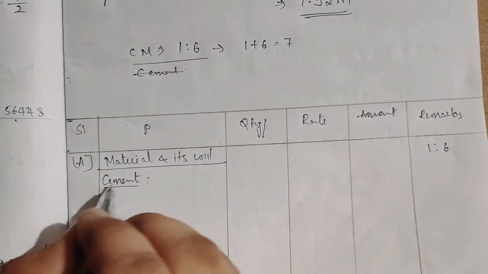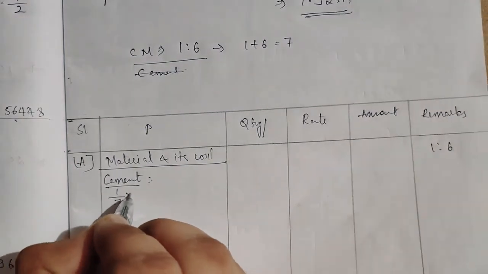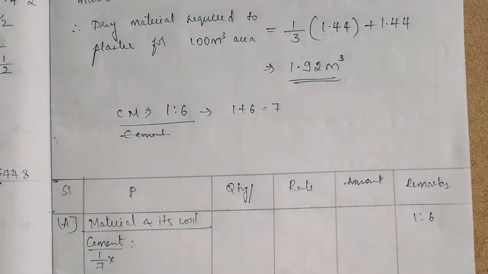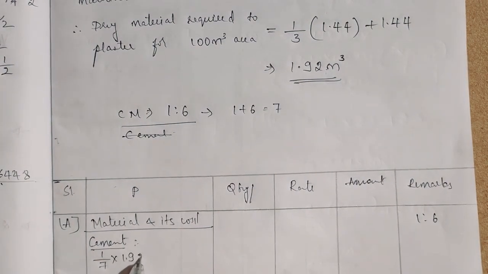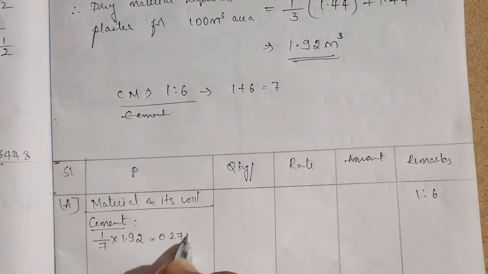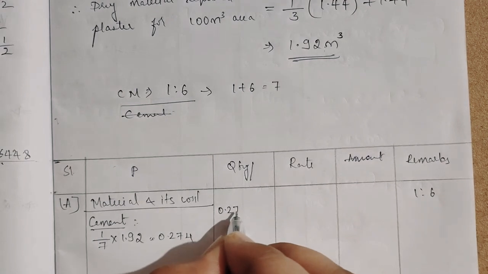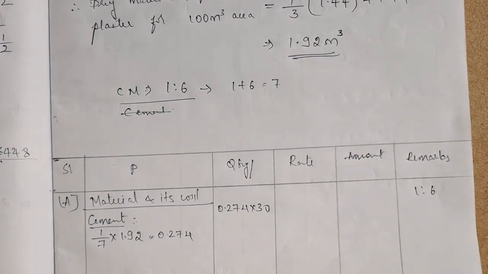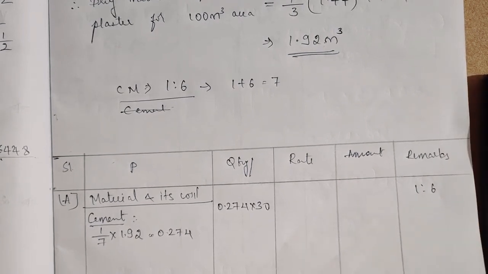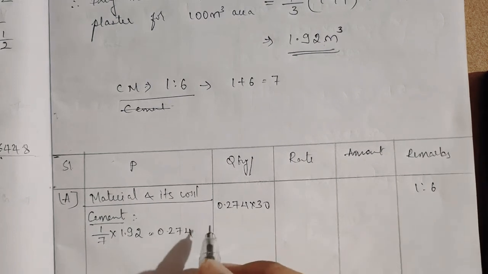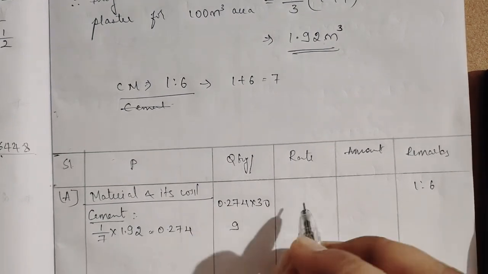We require cement. They have given the ratio also, that is 1:6. So cement is 1/7 into the dry material volume, 1.92, so it will be 0.274. So 0.274 into 30, it would be 8.22. I'll take it as 9.